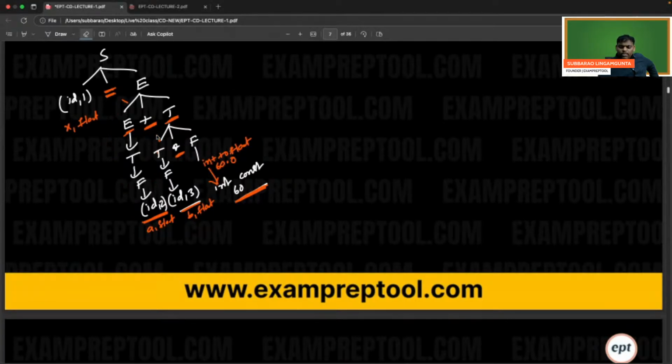Just remember, the semantic analyzer is doing type checking: whether the types are the same or not. According to the programming language, there is one rule. If you want to perform any operation between two operands, they both should be the same type.